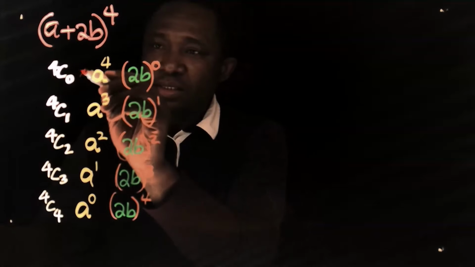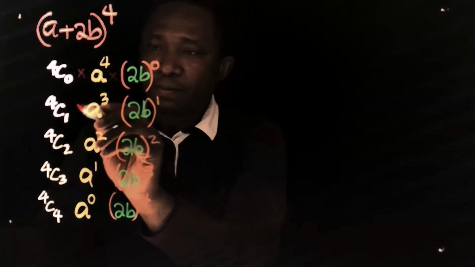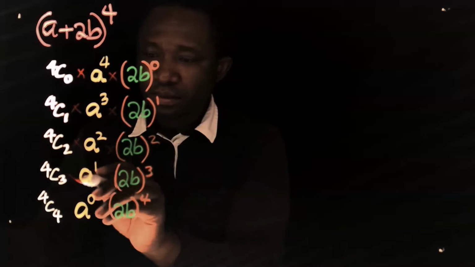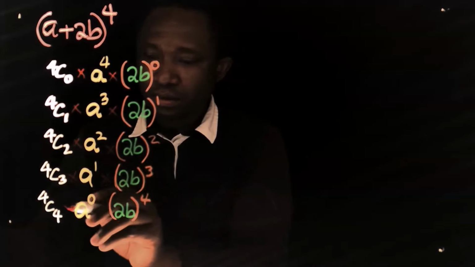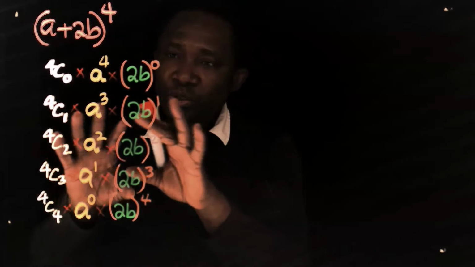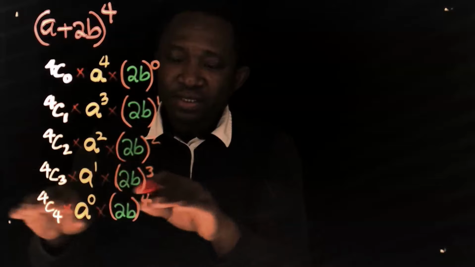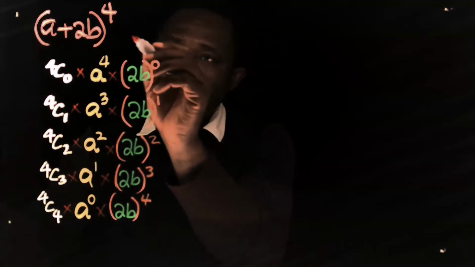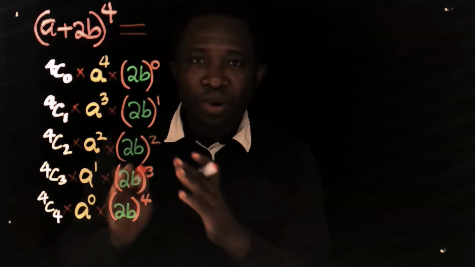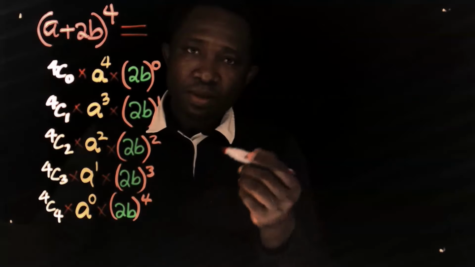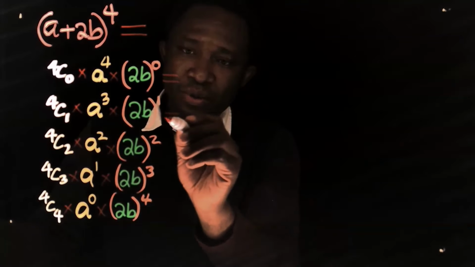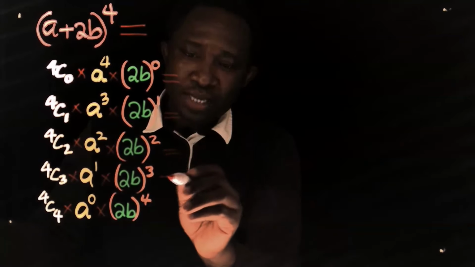And these are multiplying. If we solve each of these terms, we're going to put it together here, and that will become our answer. Next, we're going to find the values for each of these terms.